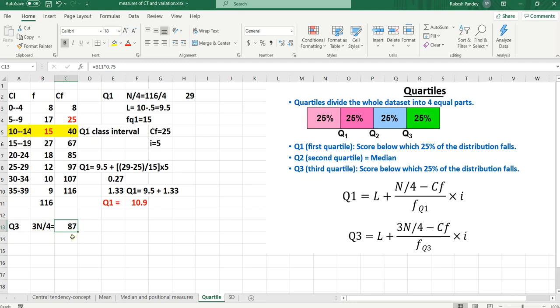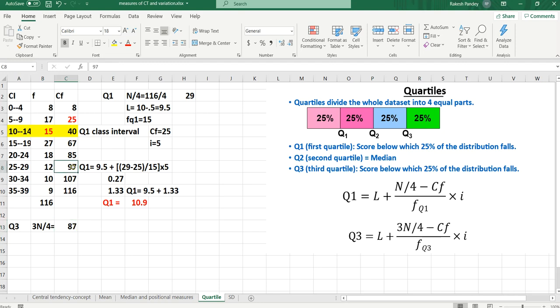This is telling the position of the third quartile. If the data is arranged in an order, then the 87th data value is likely to be the third quartile data value. So up to here we have only the 40th data value, up to here we have the 67th data value, up to here we have the 85th, but we are interested in the 87th because the 87th data value will contain the third quartile value.